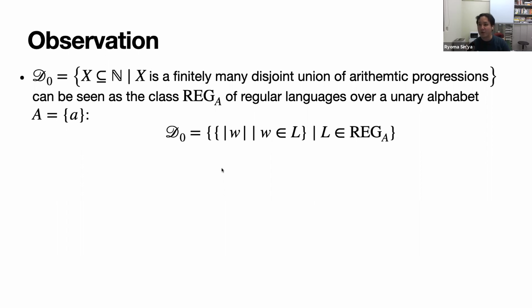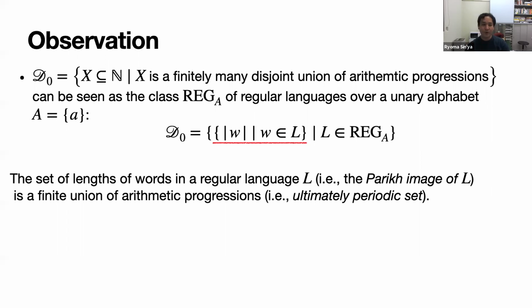Actually, there is a bijection between them, because the set of lengths of words in a regular language L over a unary alphabet is a finite union of arithmetic progressions. This is due to Parikh's theorem. Okay, every Parikh image of a regular language is a semi-linear set, but here we only have one letter, so a one-dimensional semi-linear set is just an ultimately periodic set, which is a finite union of arithmetic progressions.